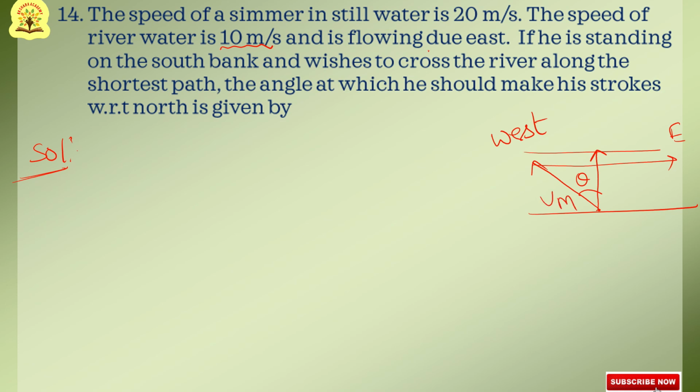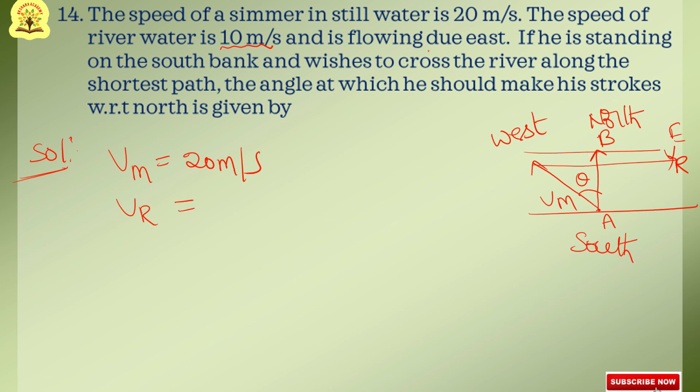This is east and this is north direction and the opposite direction is west. Here they have given the velocity of man as 20 meters per second and the velocity of river as 10 meters per second.